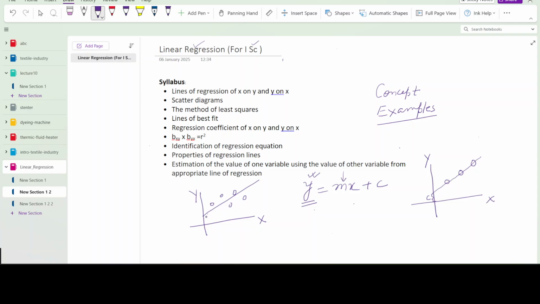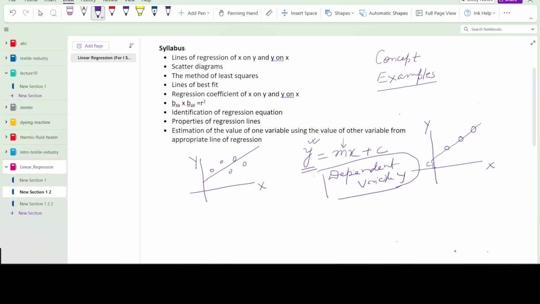That is why there is the need of regression. Through regression, we are estimating the dependent variable y in this equation.